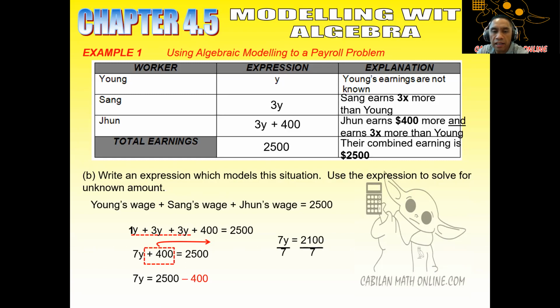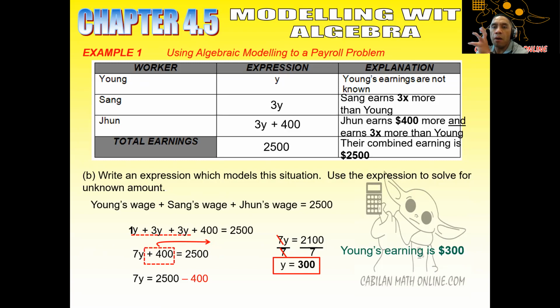And when we do that, that cancels out the 2 7s on the left side, and we're left over with 300. So what does that 300 represent? Well, if you look at the letter y, y represents Young's earnings. And now that we've solved for that, we can change the explanation to the fact that Young earns $300.